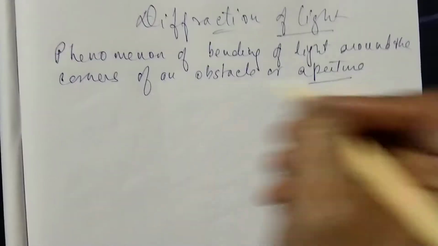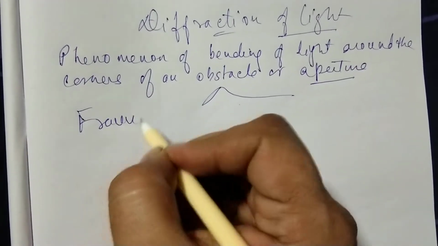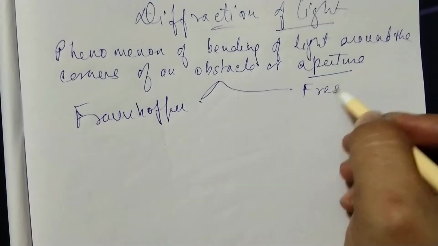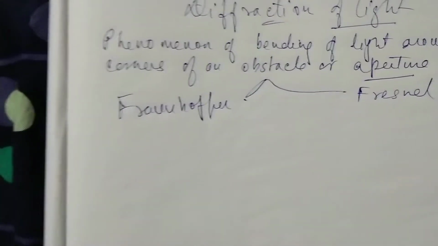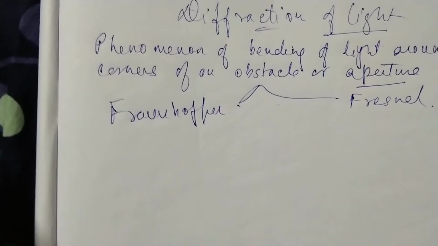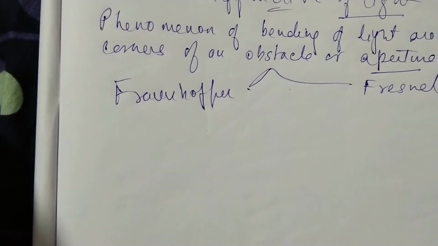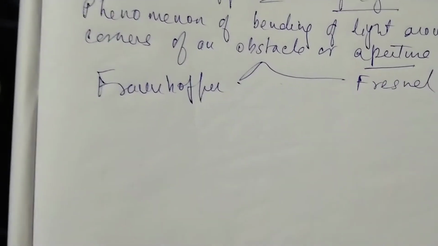Now it is mainly of two types. We have Fraunhofer and we have Fresnel. The basic difference between the two is that in the Fraunhofer case the distance between the source and the screen is infinite, but in the other case it is finite.